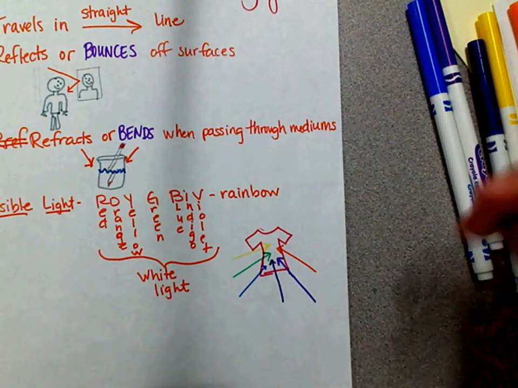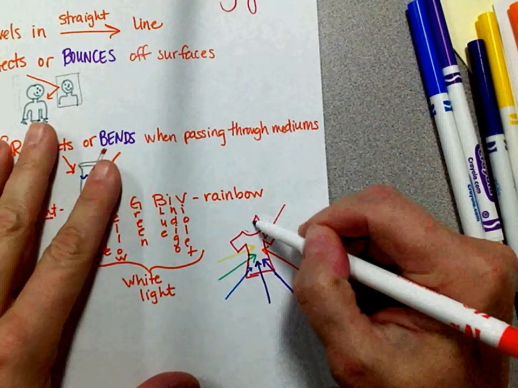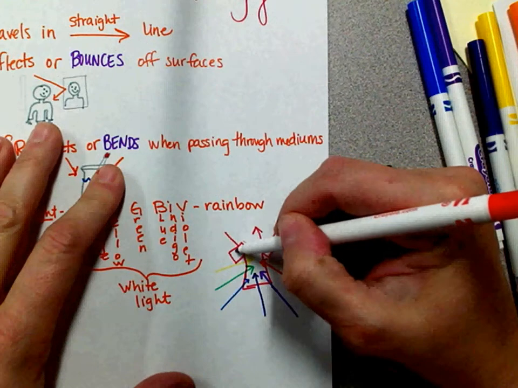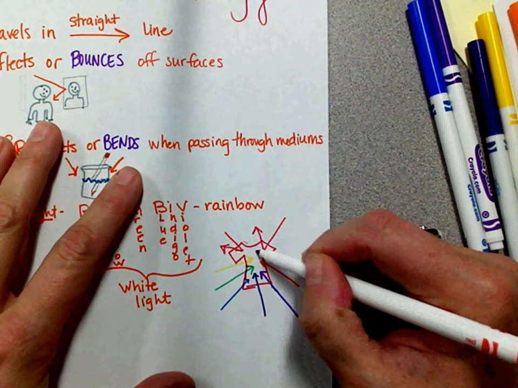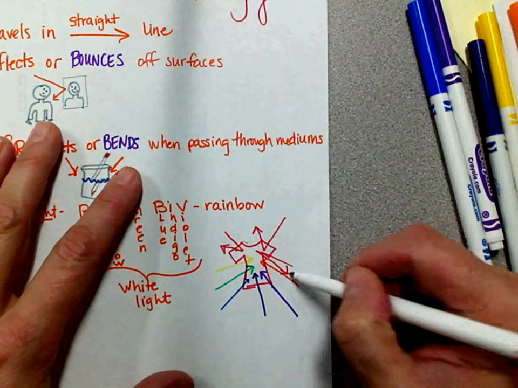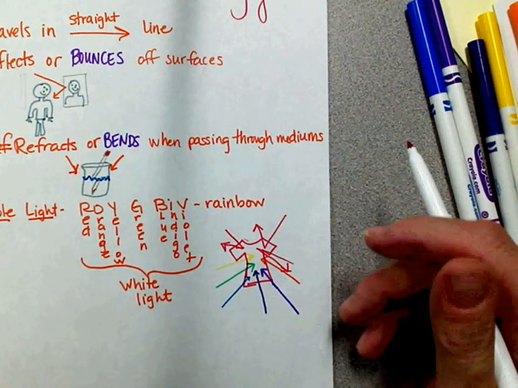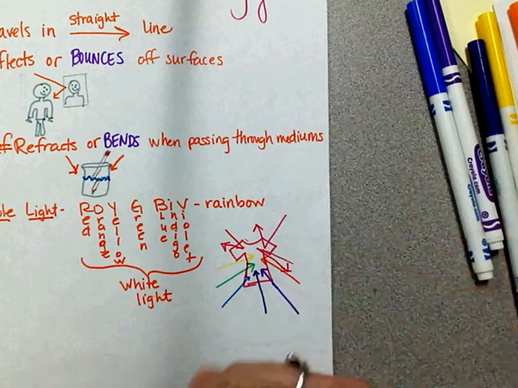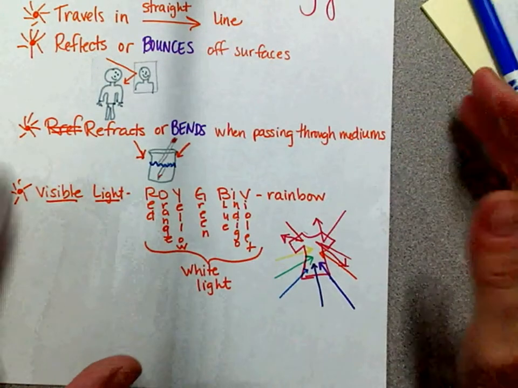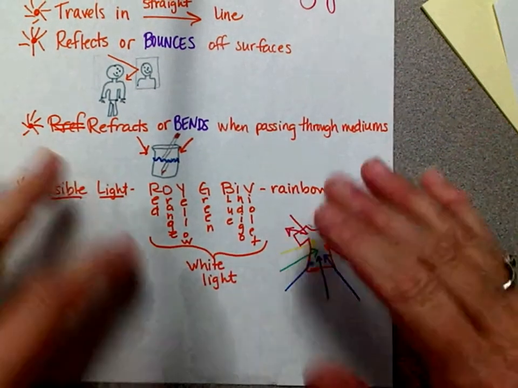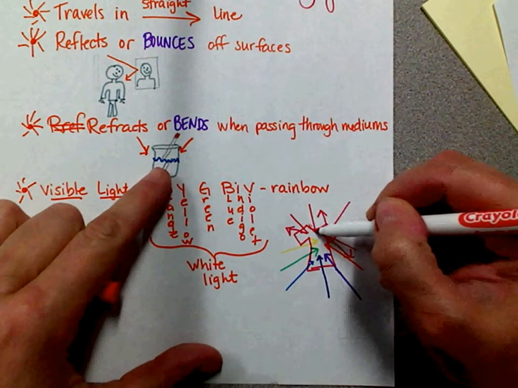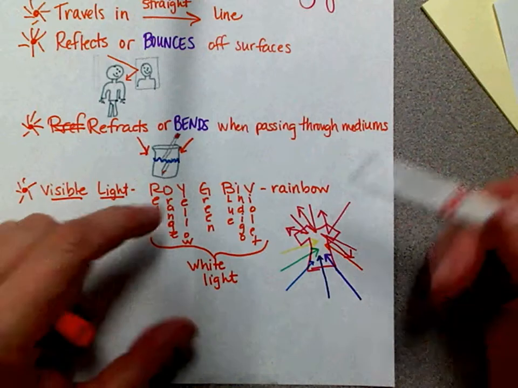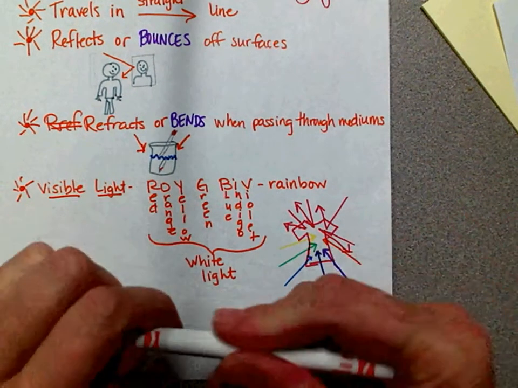Because that's what's bouncing off of that shirt. Any red that's coming off, all of that white light and the red is bouncing off. So that's why I see the color red. All those other colors in white light are being absorbed into that shirt.